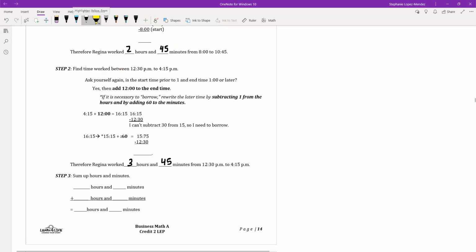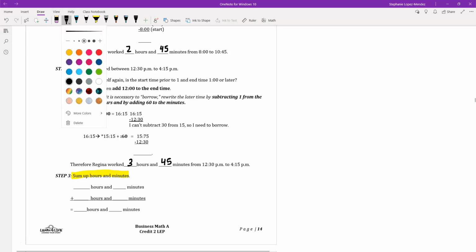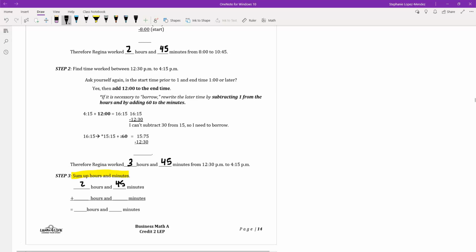Now in step 3, we need to sum up the hours and minutes we found in step 1 and step 2. Okay, so now on step 1, we have 2 hours and 45 minutes. And in my step 2, I have 3 hours and 45 minutes.